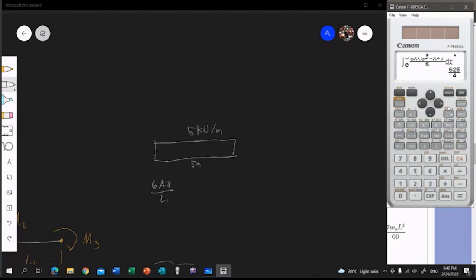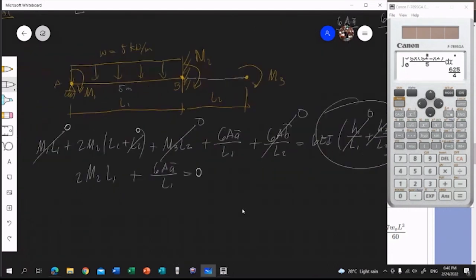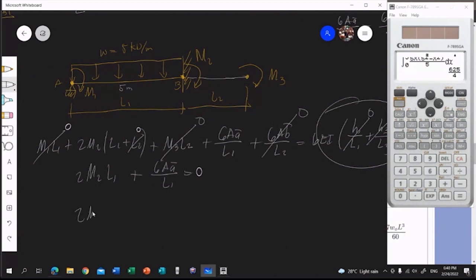So we get 625 over 4. This will be 2 M2 times L1, which is 5, plus 625 over 4, equal to 0.